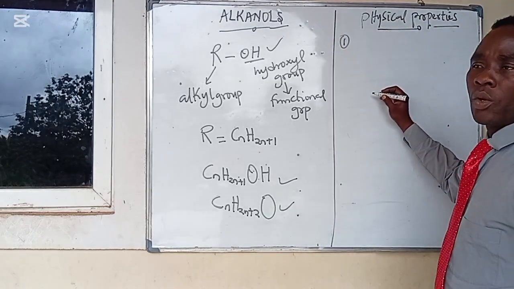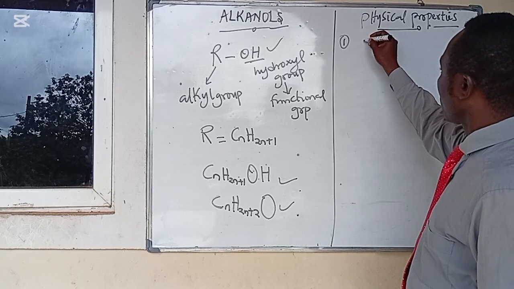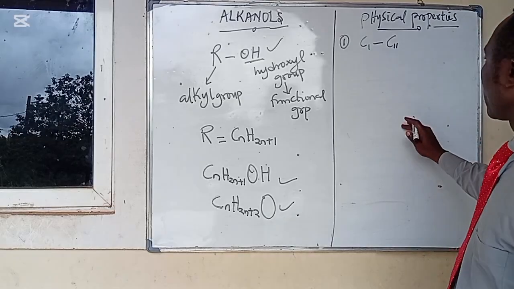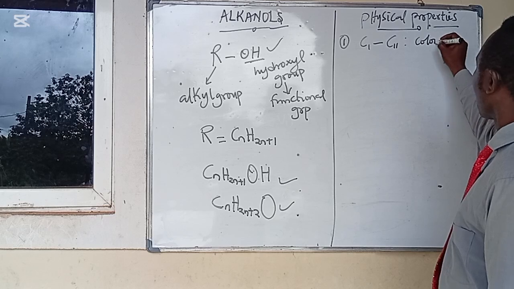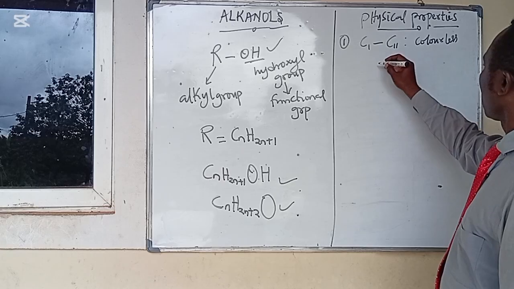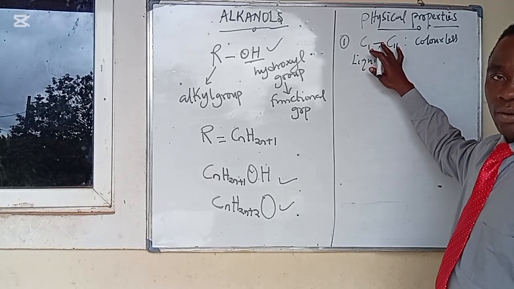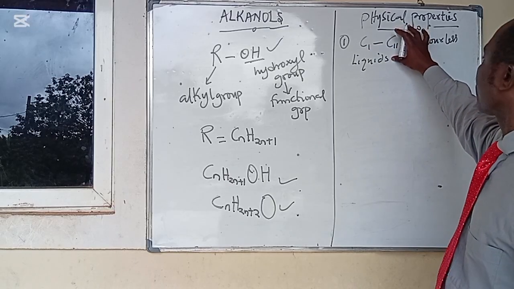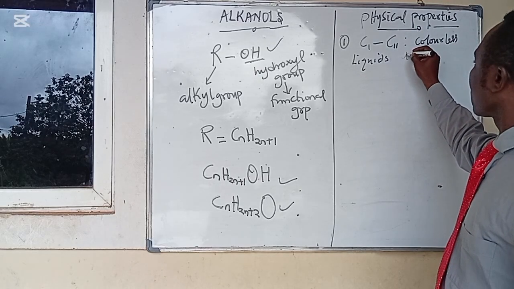Number 1, we need to understand that C1 to C11, carbon atom 1 to carbon atom 11, are all colorless liquids. That is from methanol to C11, that is undecanol. They are colorless liquids at room temperature.